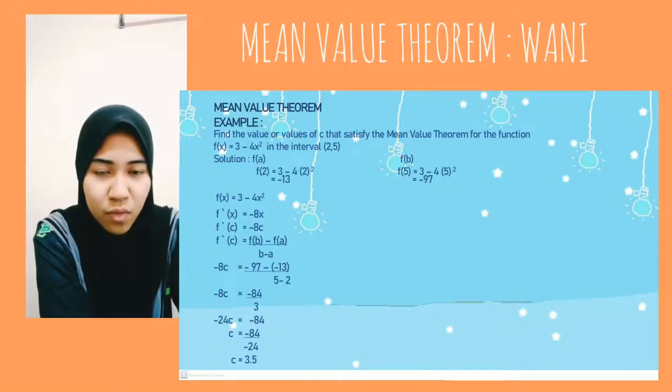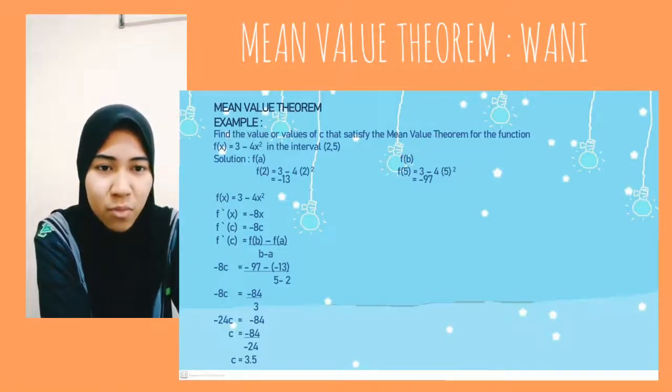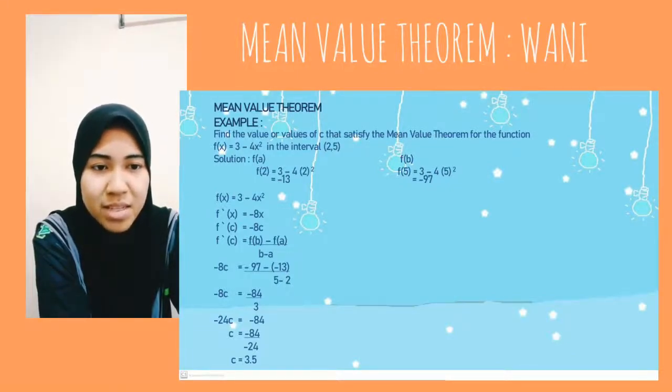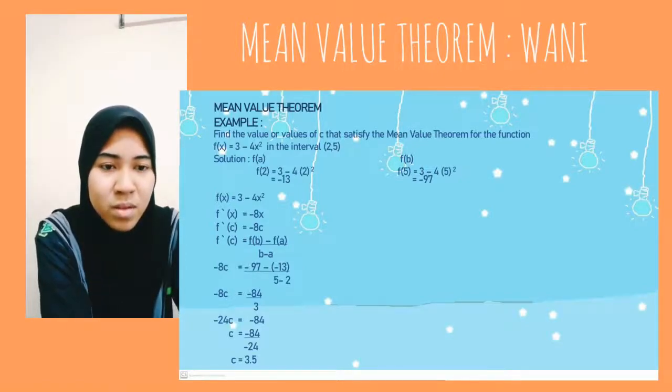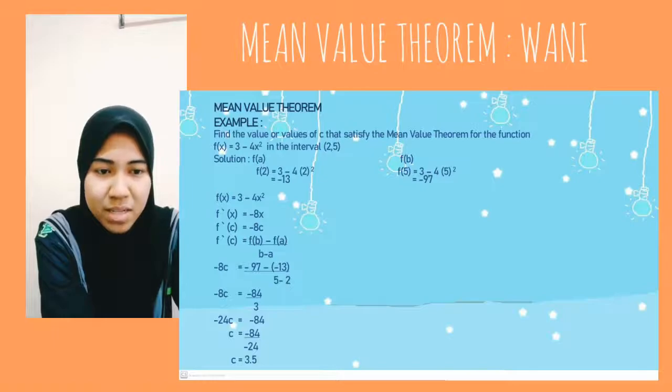After we got all the information, we have to use the equation given, which is f prime c equal to f(b) minus f(a) divided by b minus a. We know that f prime c, which is negative 8c, equals f(b), which is negative 97, minus f(a), which is negative 13, so negative 97 minus negative 13, divided by b minus a, which is 5 minus 2.